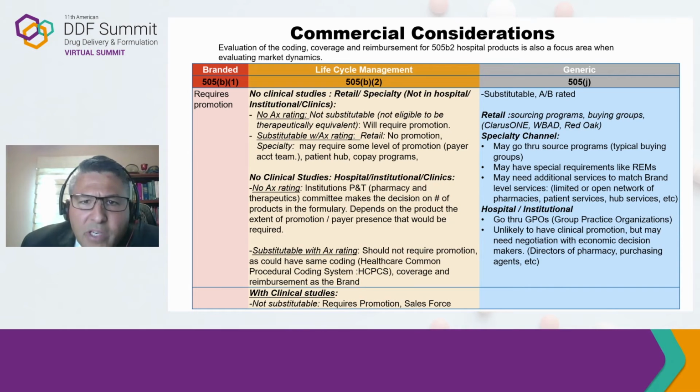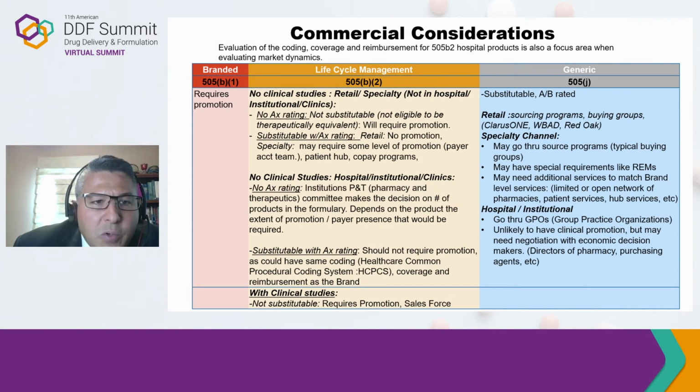In regards to the commercial considerations, this is really, really important. If we're taking a look at a 505(b)(2) without any clinical studies and it doesn't have an AX rating, it will not be substitutable and not eligible to be therapeutically equivalent as indicated before, and will require promotion.